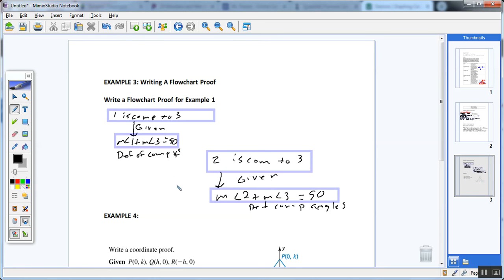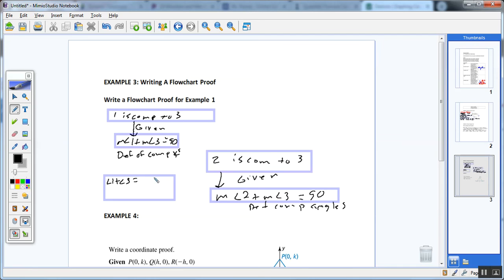Off of these two boxes right here, I'm going to put another box. I could say angle 1 plus angle 3 must equal what? 90. Well, we already had it up here.